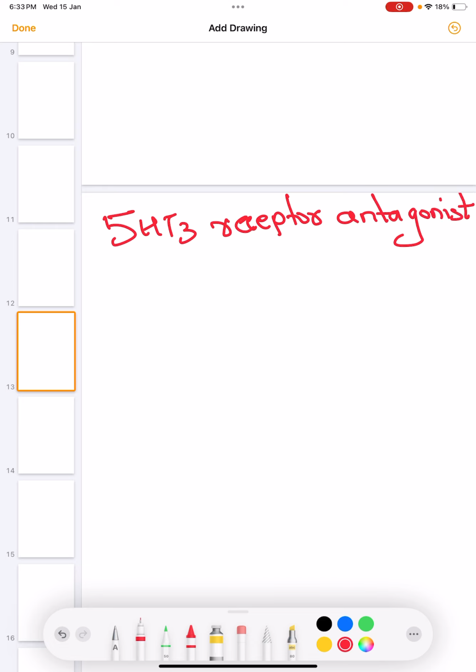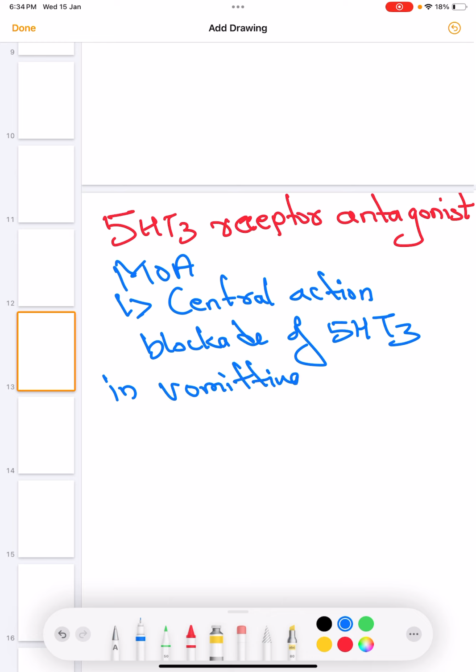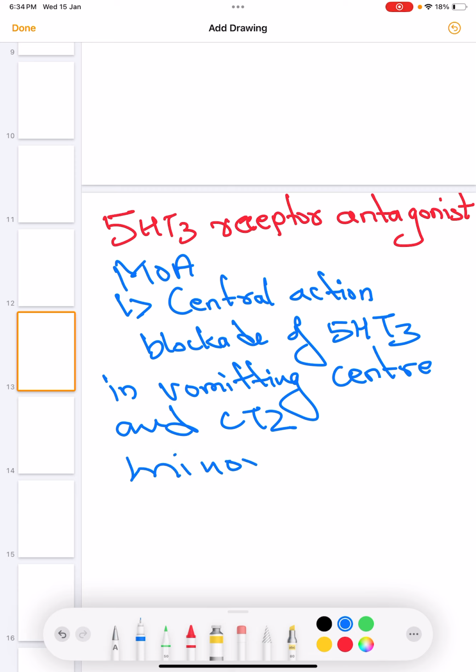So the mechanism of action is, first there is a central action which is through blockade of 5-HT3 receptors in vomiting center and chemoreceptor trigger zone, but this is only a minor action.